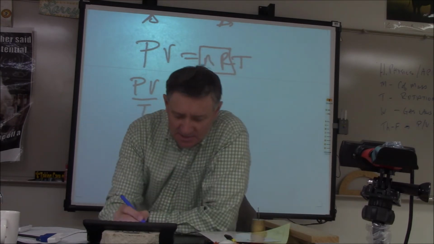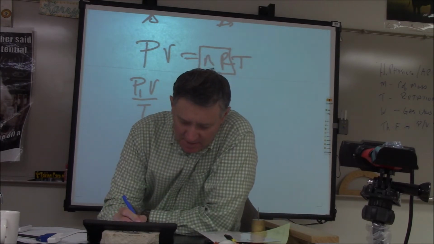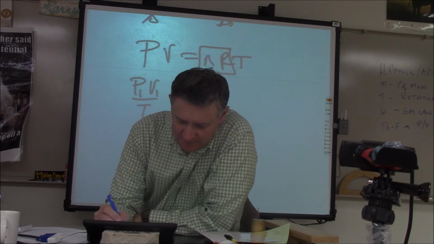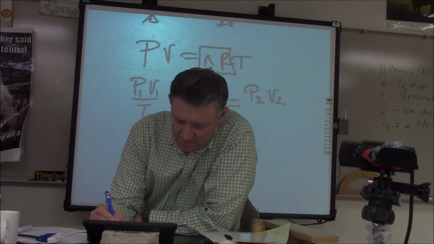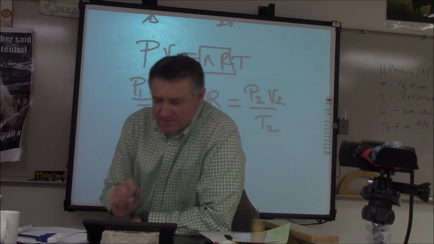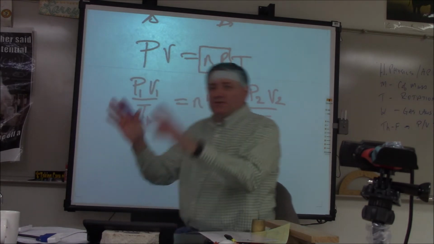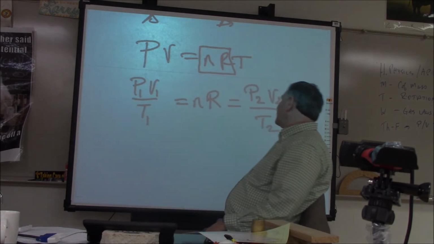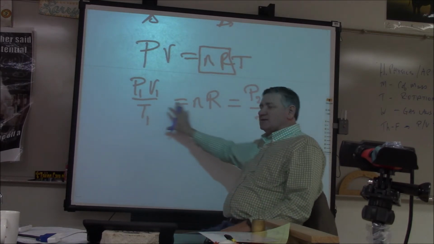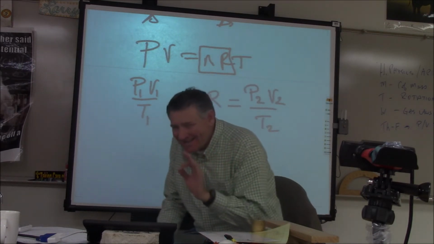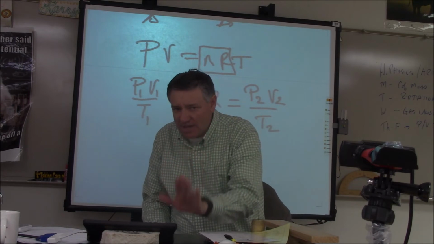So the trick is you sit here and go, okay, well that's P1, V1, T1 equals P2, V2, T2, which sounds almost like Latin, okay? So if you get this, you can work basically 95% of all gas law problems.